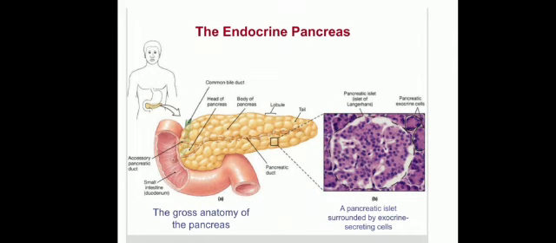Now if you look at the picture, you can see the strategic location of the islets of Langerhans. Islets of Langerhans constitute the endocrine part of the pancreas, which secretes the major hormones insulin and glucagon.